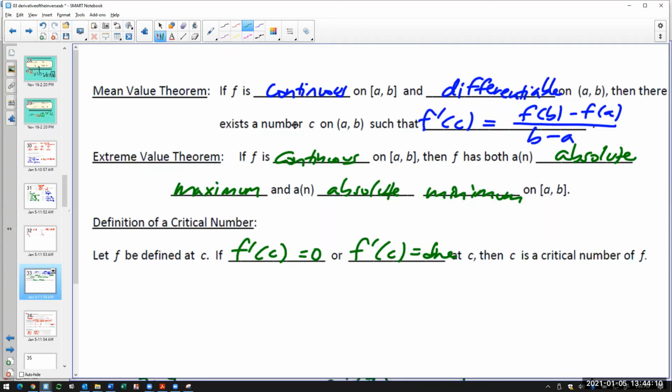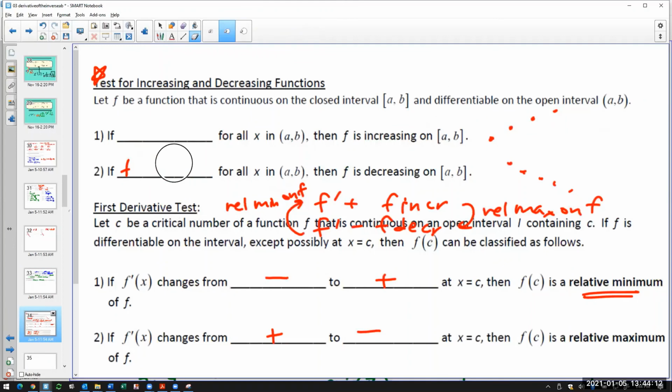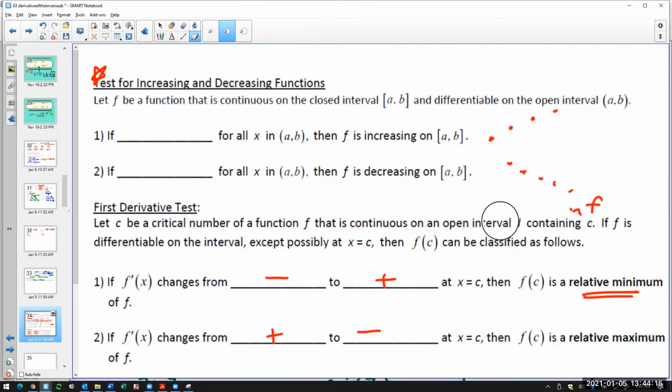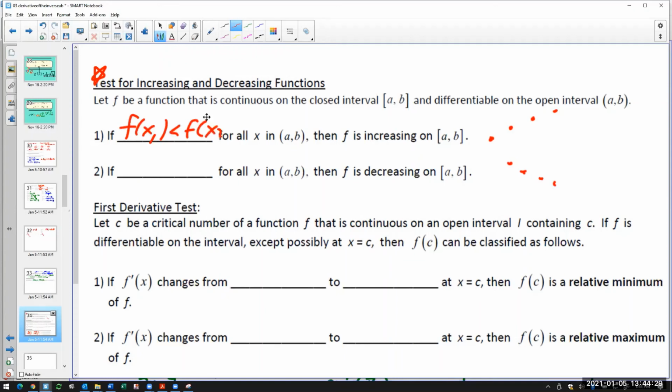All right, I think now you're moving to the top of the next page. And this one, I didn't really talk to you guys about. And this one just says, if you're actually increasing, then what happens is the y before is always smaller than the y after. That's all it's saying. If you've got all your y's, the y before is always smaller than the y after.